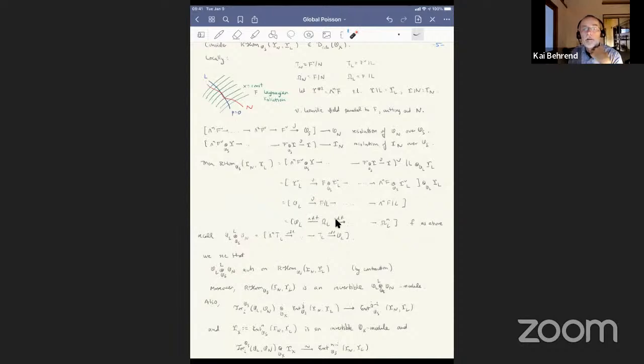well, locally these. So if I have a trivialization of this bundle, these two actually become isomorphic. So in some sense, this R-harm is an invertible module over this thing, locally the same.